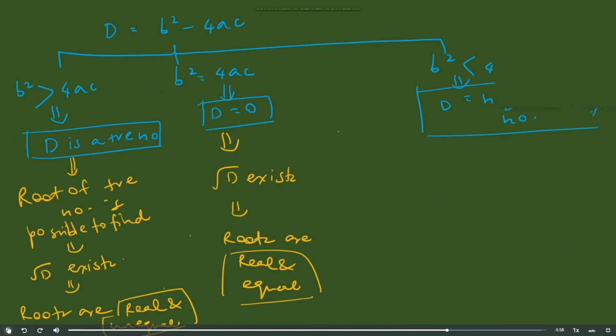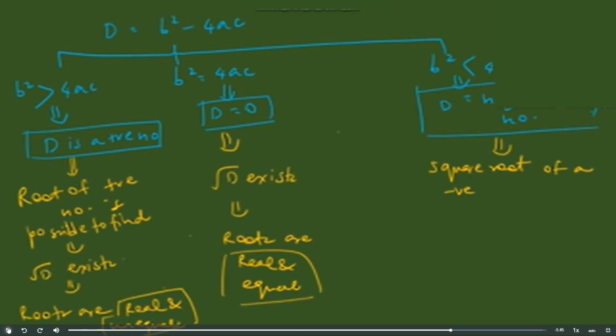So can you find that out? You cannot find it out. You cannot solve for the square root of a negative number. So write down: the square root of a negative number is imaginary, is an imaginary number.